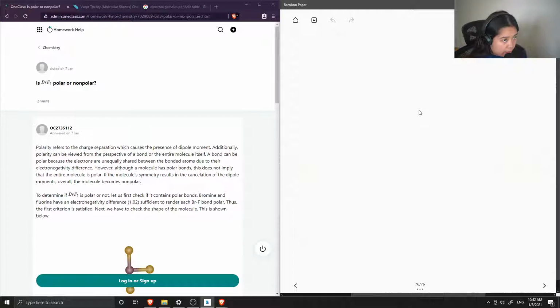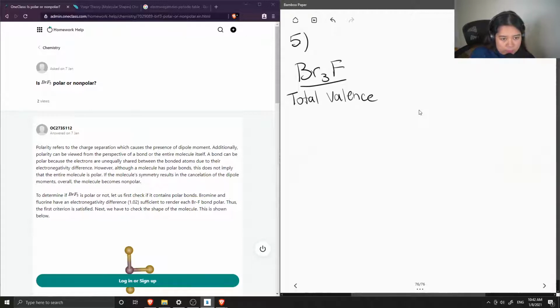Okay, so question number 5. Is bromine trifluoride polar or nonpolar? So first let's write out its Lewis structure. That'll help us answer the question. So we need to find the total valence electrons of the molecule.